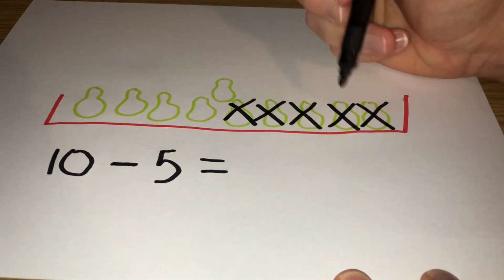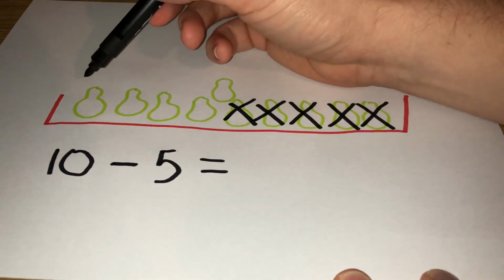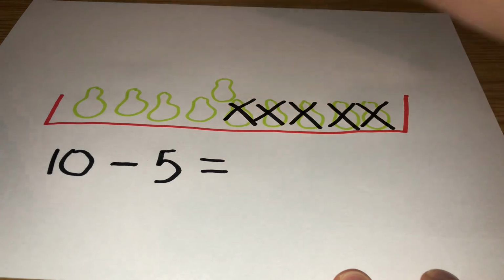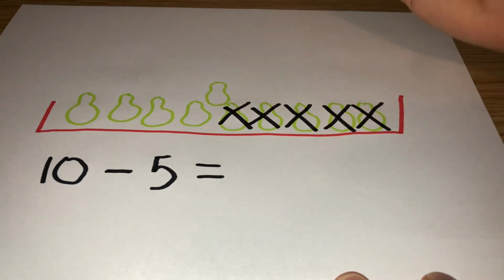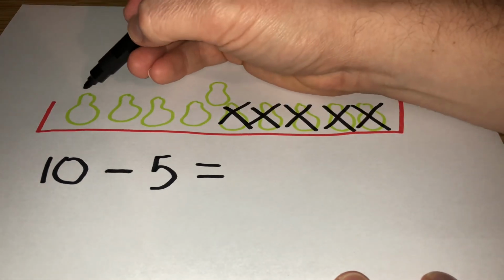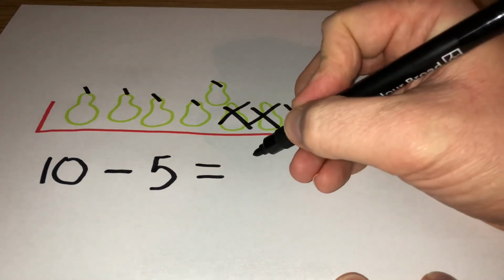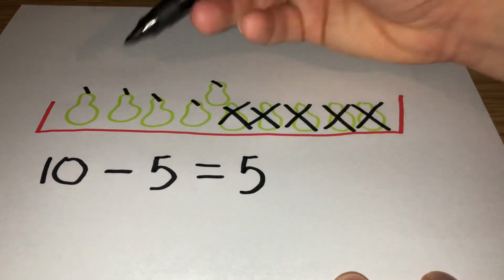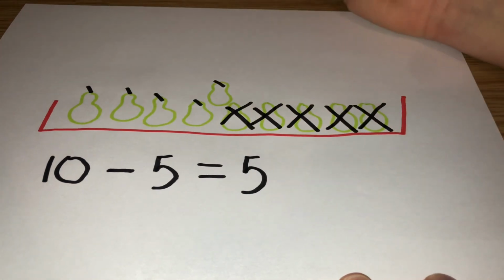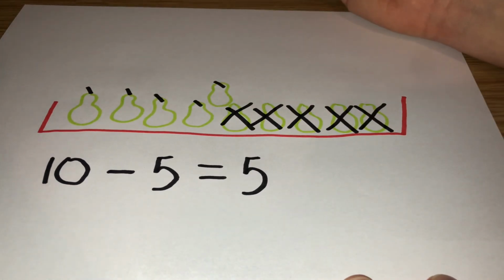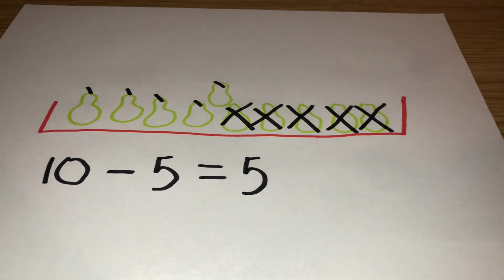So we've taken the 5 away, and then look, the ones that we've got left are the ones that we need to work out the answer. So let's see how many we've got left. We've got 1, 2, 3, 4, 5. So 10 take away 5 is 5. And we know that the other way around, because 5 add 5 is 10. See if you can have a go at drawing your own number 10 story for me this morning. Thank you, Puffins.